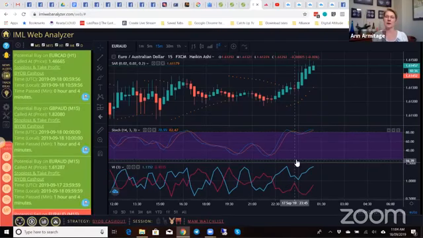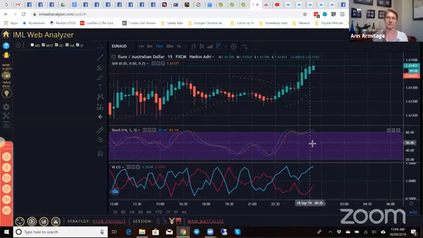And then they want to start curving up again with the blue on top. The reverse is true for a sell situation, where it's going to start at the 80 point or higher. Again, the lines are going to cross over each other, and now the blue is going to be on the bottom, the red on top, and they're going to point downwards. So that's the first indicator. If it doesn't meet those criteria right from the get-go, then it's a trade we would not take.